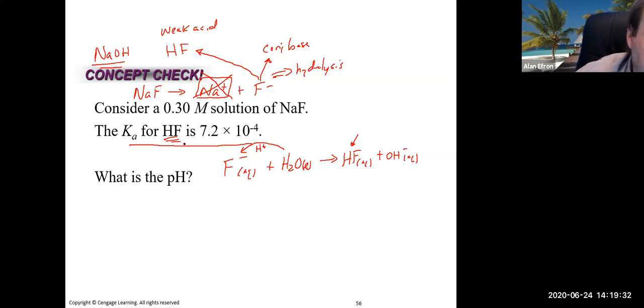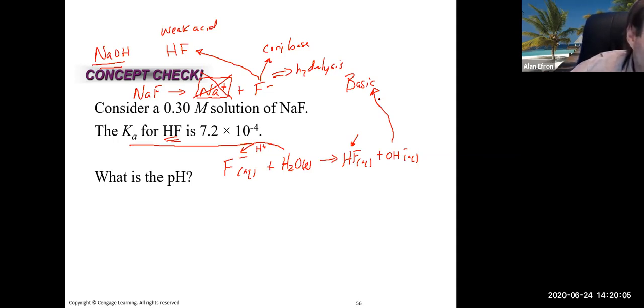The second thing is, before we do any calculation here, we should already know that our resulting pH should be basic, because we are producing hydroxide. There's a lot of information that you could get from just writing the correct equation. We already know that once we're all said and done, we should end up with a basic pH. Any questions on that so far?